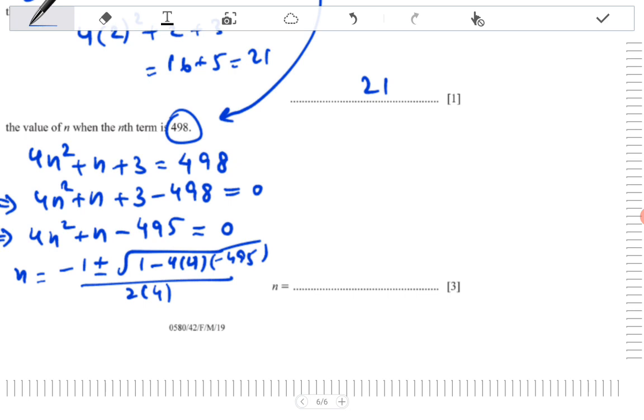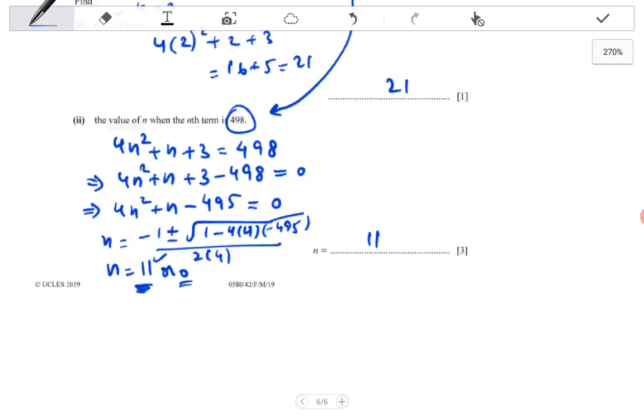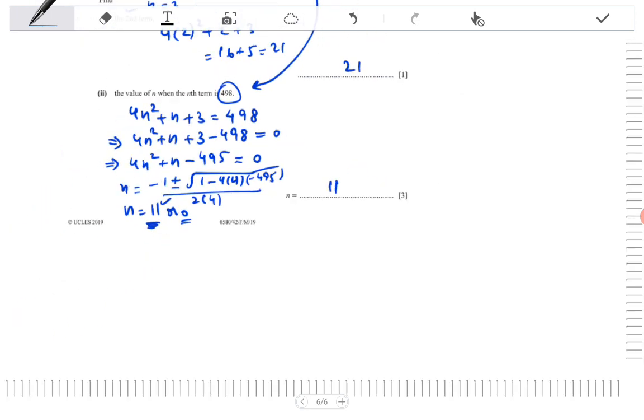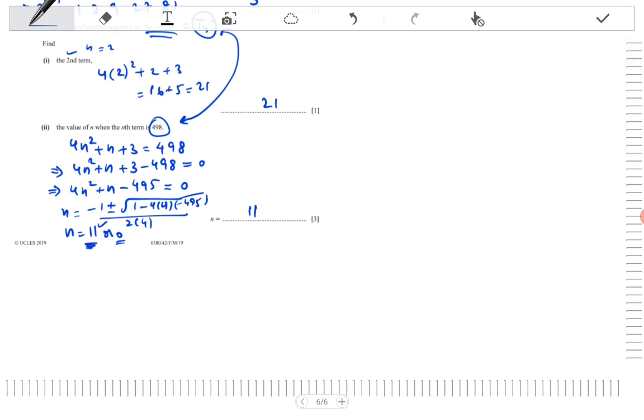My answer is coming 11 and 0. N equals 11 or 0. 0 is not allowed. The only acceptable answer is 11, because the number of terms can never be 0. Okay, so 11 is my answer. This is how you can solve this question.